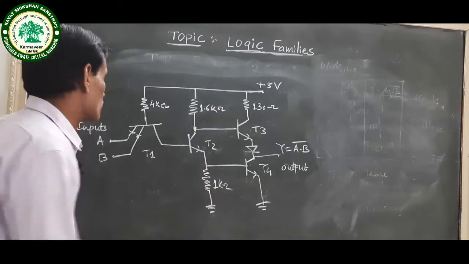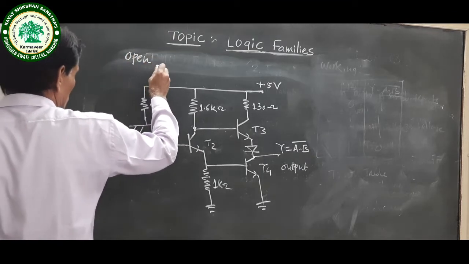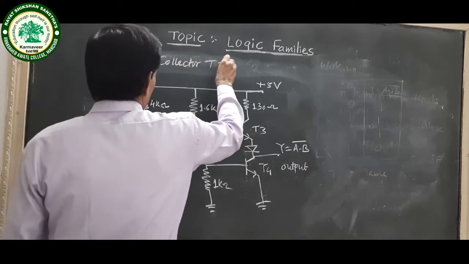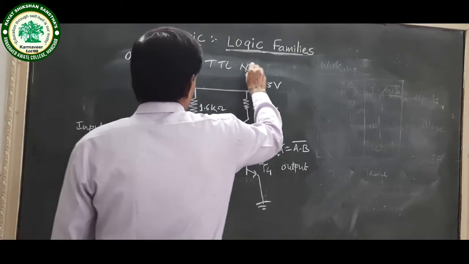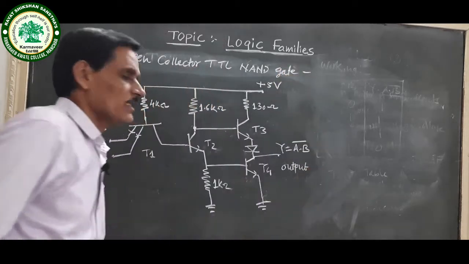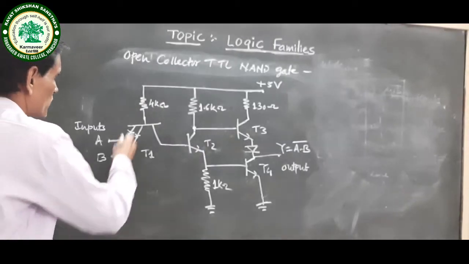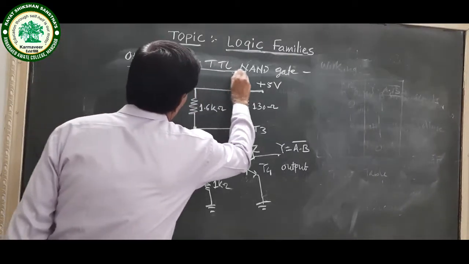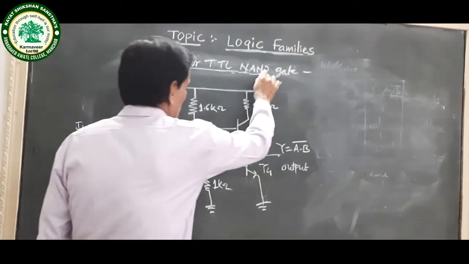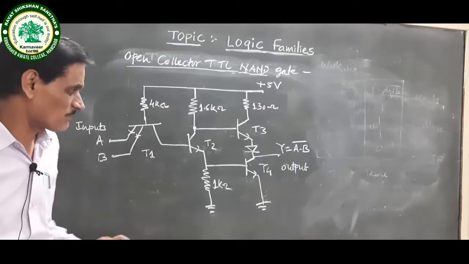Now I will proceed towards the open collector TTL NAND gate. Nobody can ask in more detail, but I will give the basic idea from a knowledge point of view. Now you know the theory of the totem pole TTL NAND gate.